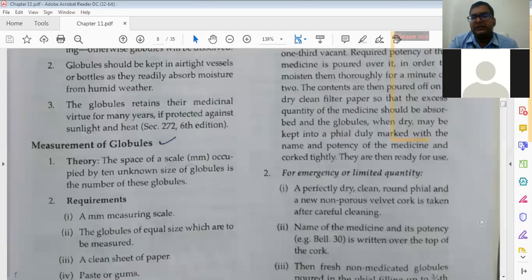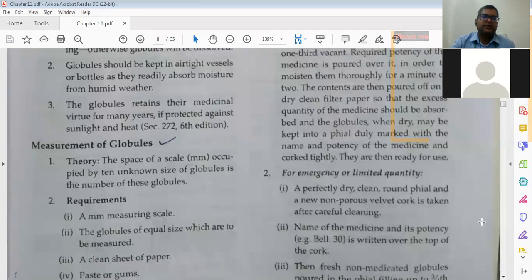So first you have to take 10 uniform size globules. The scale should contain a millimeter scale. It should not be of any other form. Centimeter is not so useful for us. We should have this type of millimeter scale. These are the millimeter scales.